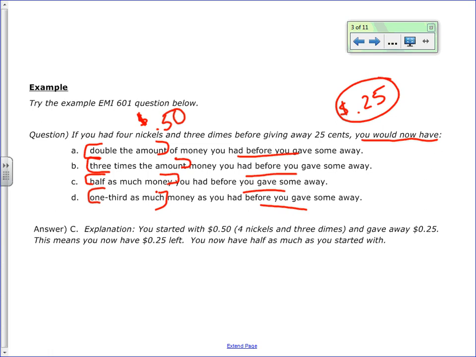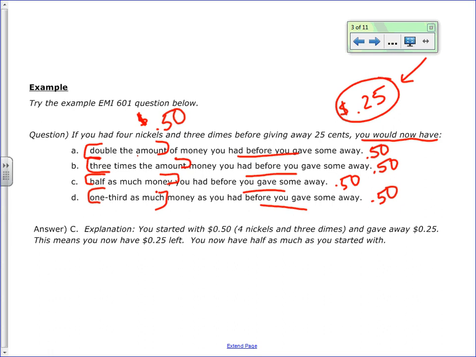So how much money did you have before you gave some away? What was our original amount of money before you gave some away? 50 cents. So each of these endings is actually referring to just 50 cents. Now all you need to think about is our current amount of money, 25 cents.